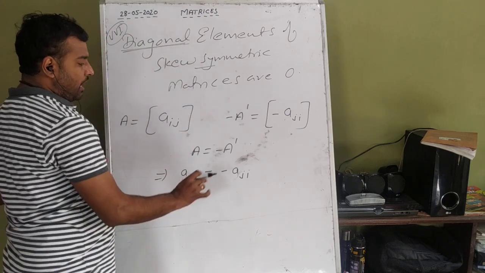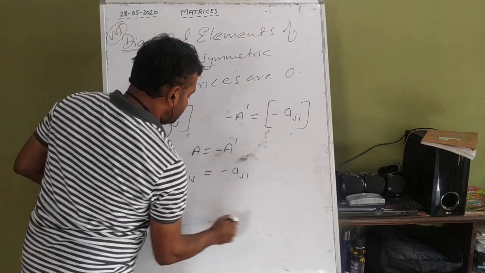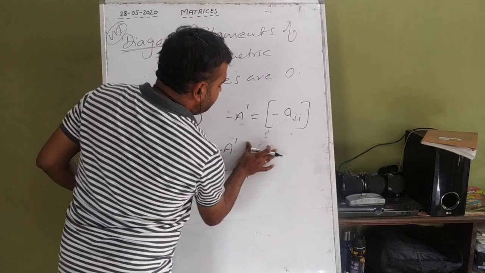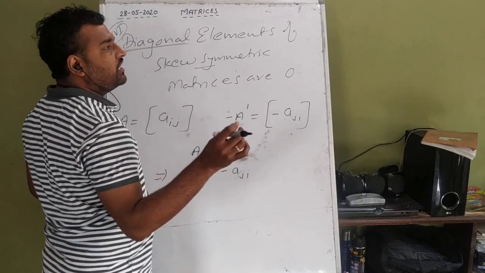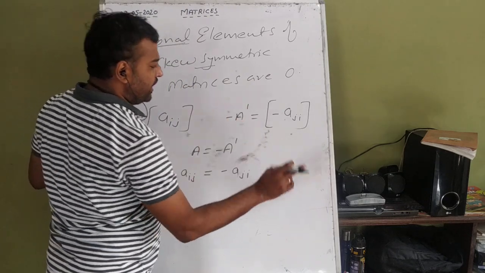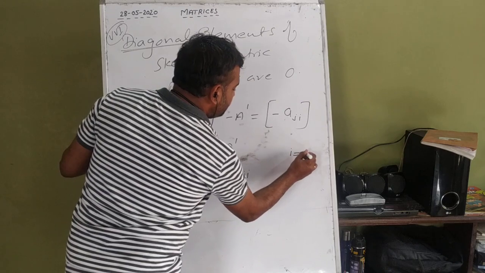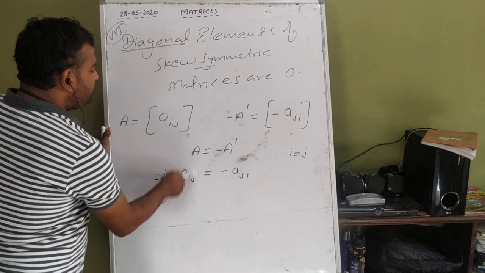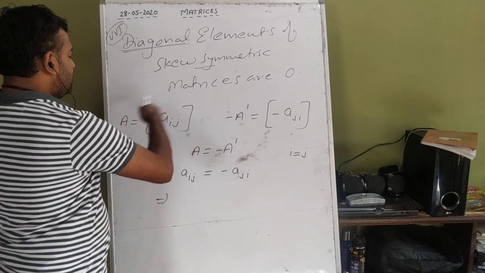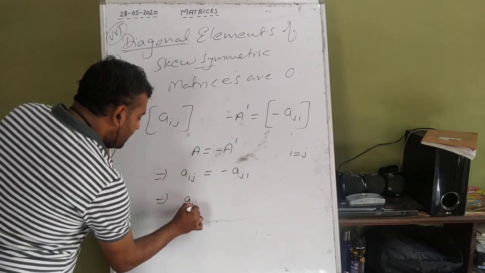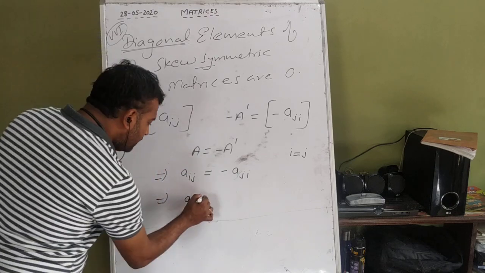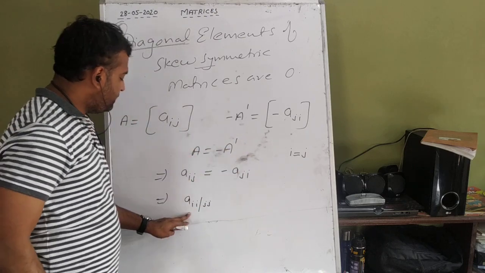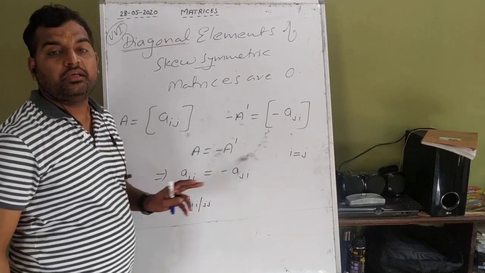Okay, we need to prove the diagonal elements. Again and again I am repeating, for every matrix, which elements are said to be the diagonal elements? The diagonal elements are those for which i equals j. Definitely these Aij will be all the elements of a given matrix A. But if you take Aii or Ajj, where i and j are both the same, then these will be treated as the diagonal elements.